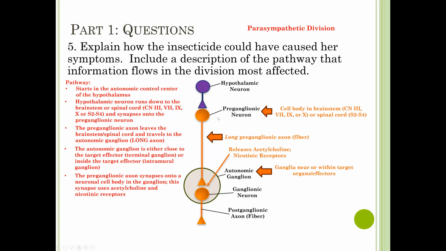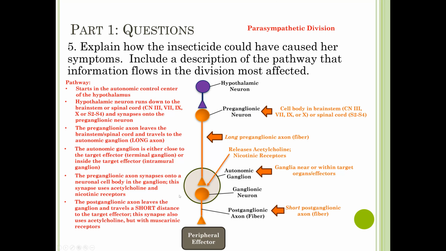Then the preganglionic neuron is going to synapse onto a neuronal cell body in the ganglion. This is called the ganglionic neuron. And at this synapse within the ganglion, we're going to use acetylcholine as the neurotransmitter, and there's going to be nicotinic receptors on the postsynaptic membrane.